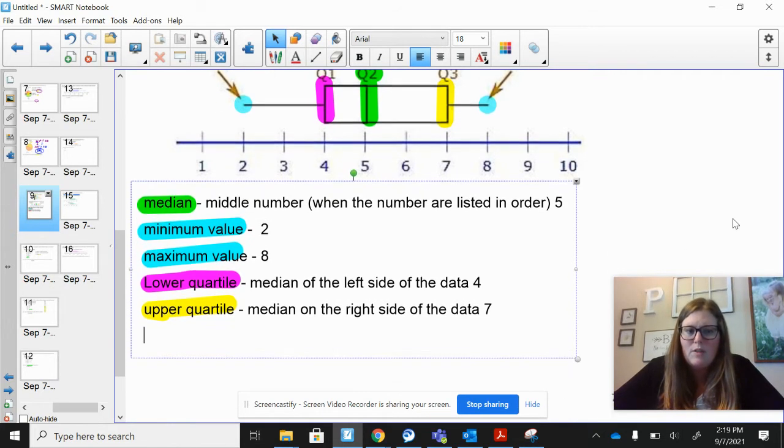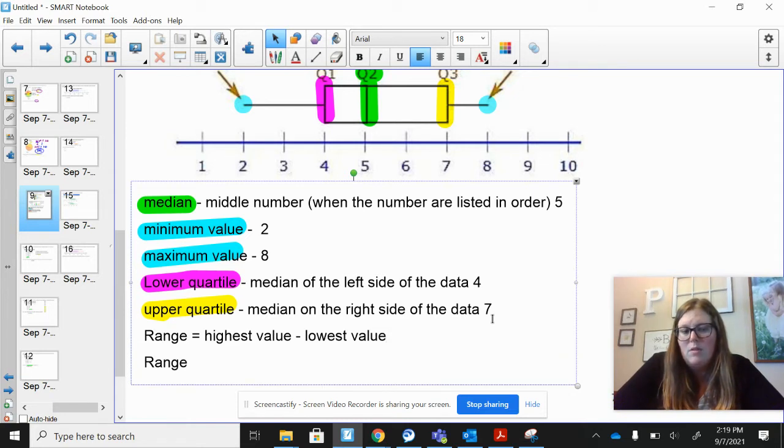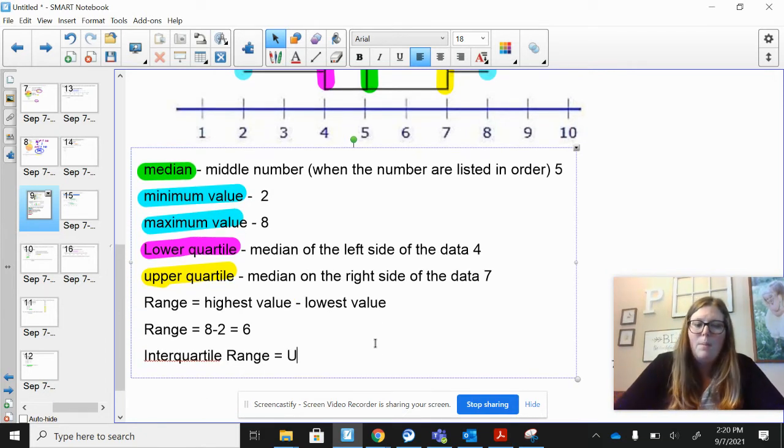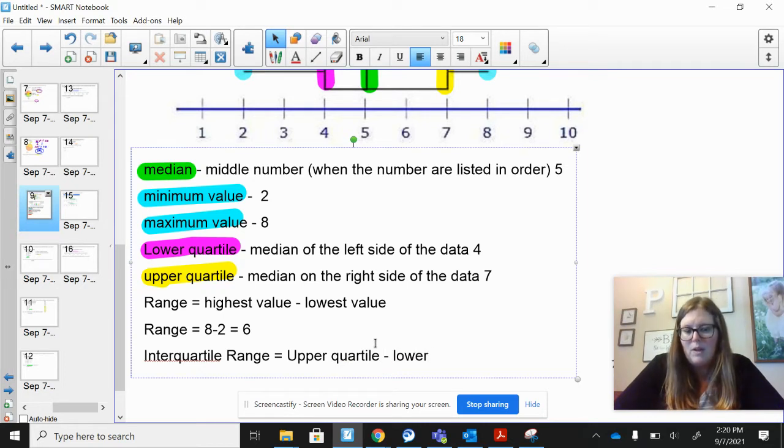Some more terminology, one being the range. Your range is your highest value minus your lowest value. In this example, our range would be 8 minus 2, which equals 6. That's the range of data. Think of it like the spread of data. And lastly, you'll have an interquartile range. Your interquartile range is your upper quartile minus your lower quartile.